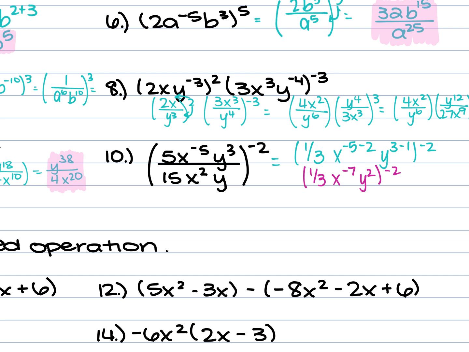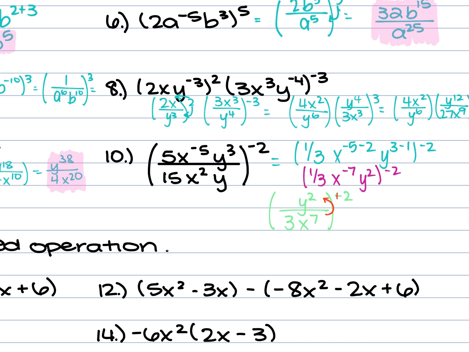If you want to turn this into a fraction, so it makes a little bit more sense, do so. This is going to give you x to the seventh power on the bottom, y squared is going to be the only thing on top. So it's going to be y squared over 3x to the seventh power, all raised to the negative second power. You got to turn that negative 2 into a positive 2.